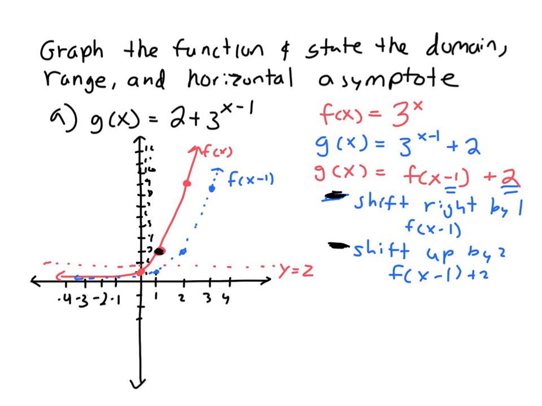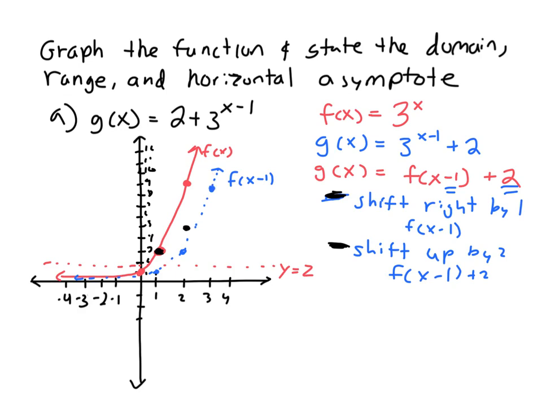Okay, now next I'm going to take this point that is at 2, 3. I'm going to shift it up 2. So then it'll be at 2, 5. Okay, and then I'm going to take this last point, which is at 3, 9, and I'm going to bring it up 2.